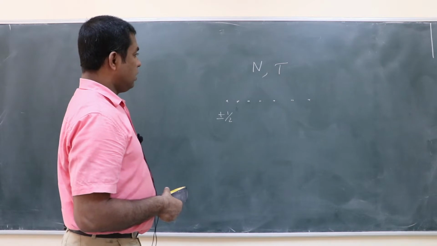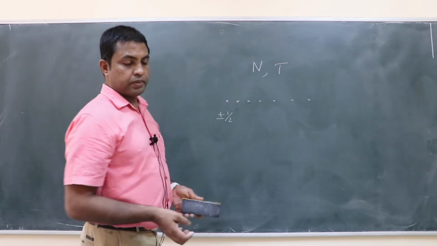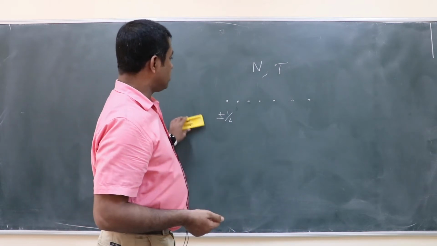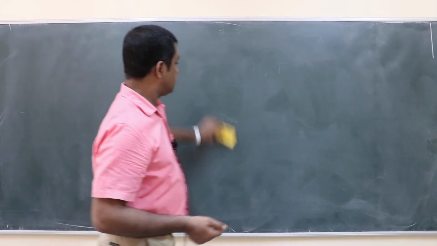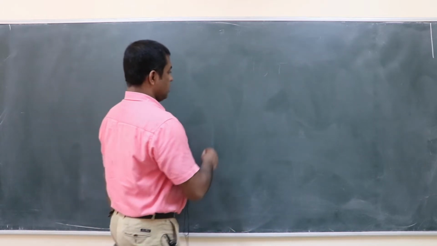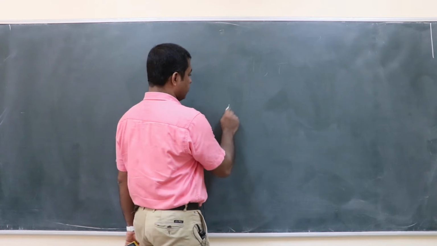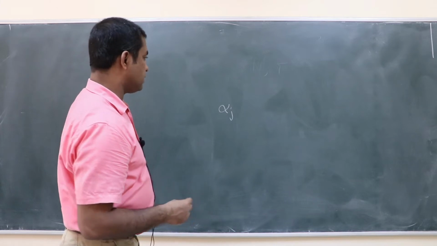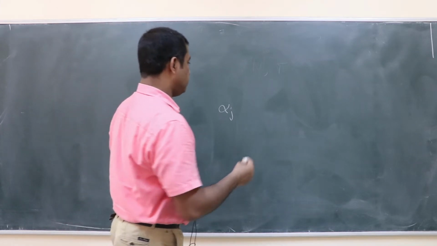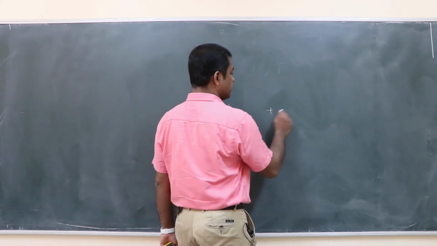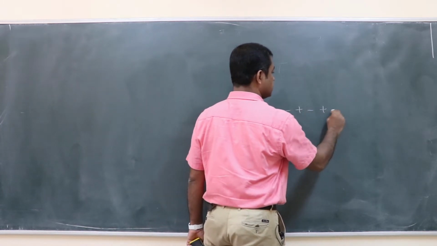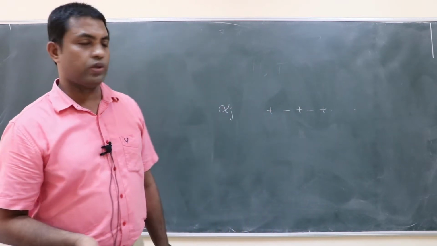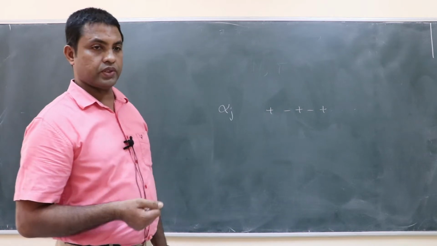If you look at it, it is basically a quantum mechanical system. One configuration of this system can be plus minus and so on, because plus is spin plus half h cross and minus is spin minus half h cross.